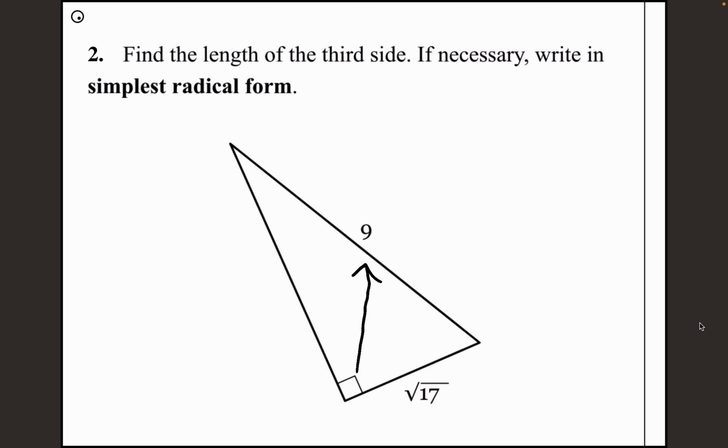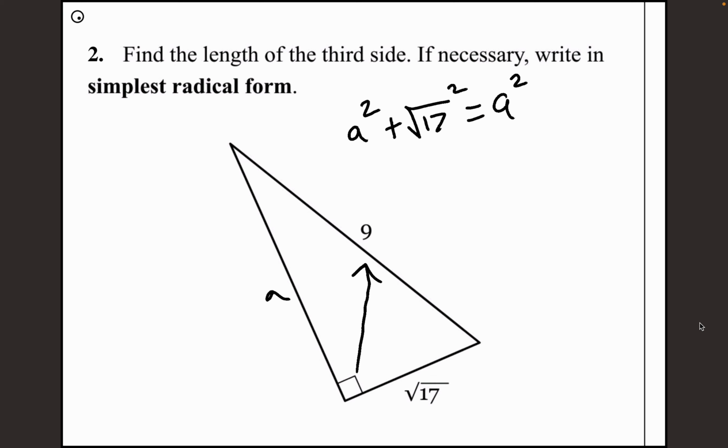So I need to set it up and find a leg. Let's say we're going to find A. I just have to set it up in the Pythagorean theorem again. So A squared plus our other leg, which is the square root of 17, so I'm going to put the square root of 17 squared, equals 9 squared.